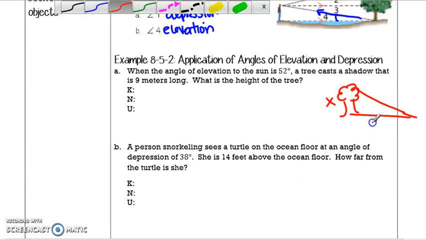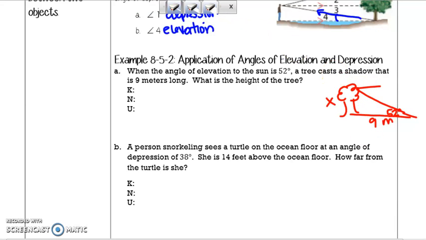We know the shadow is 9 meters long, and the angle of elevation is 52 degrees.